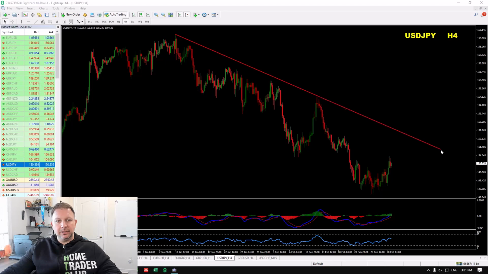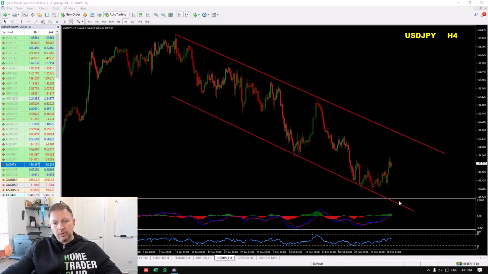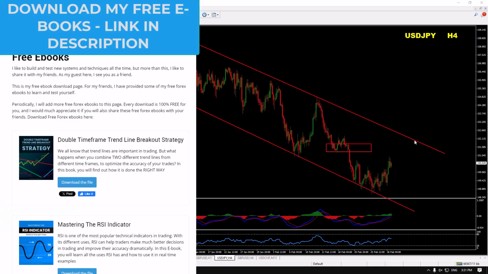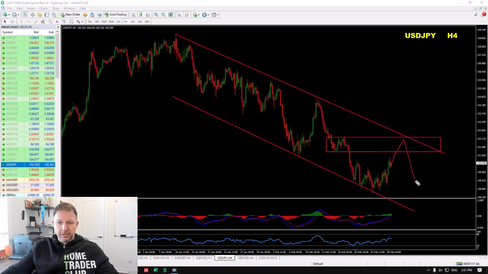Keep in mind that dollar yen is still moving within this bearish channel, and that's why the top of these boundaries together with the range should be offering some key zone, very likely to bounce to the downside. In case it breaks out, a duplication of that is going to be around this seller zone.